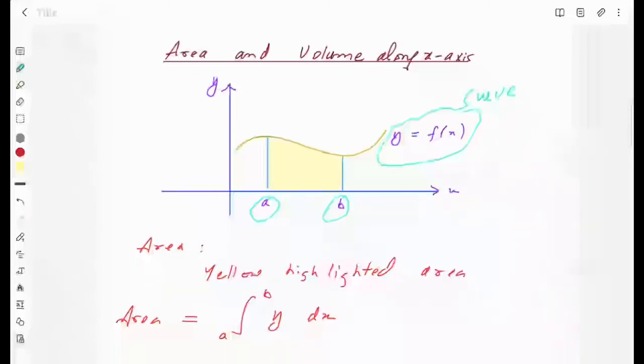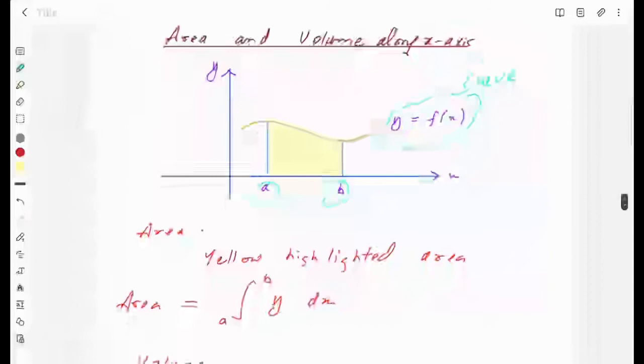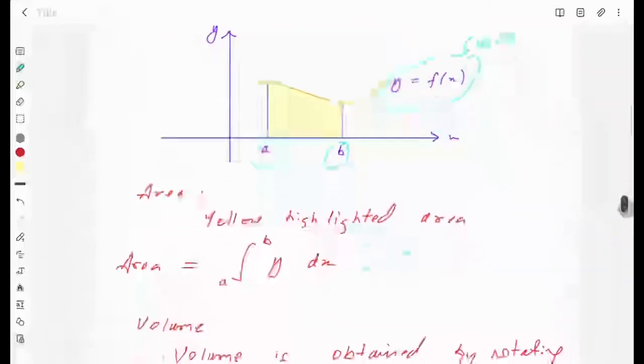So if you have to find area, you can use integration, and you have to choose some proper limits. Like in this, the limits are a and b. So you simply integrate and you get the area. This is the yellow shaded area, highlighted area.